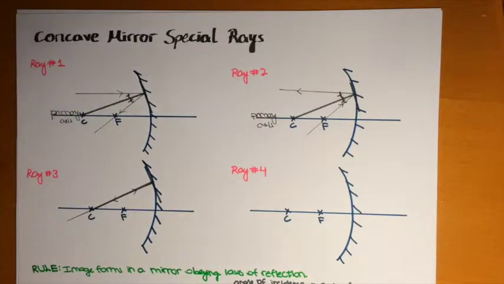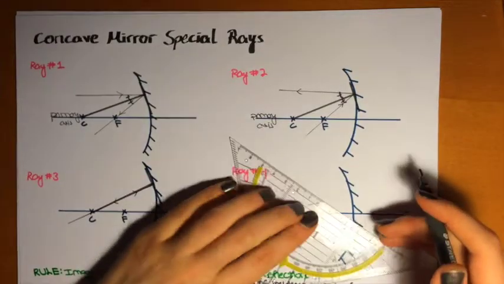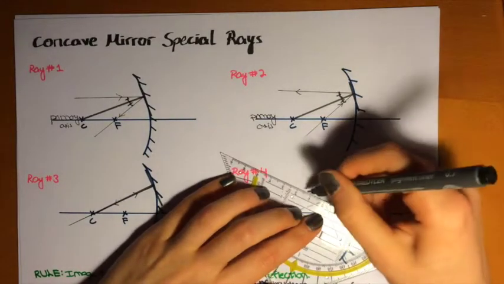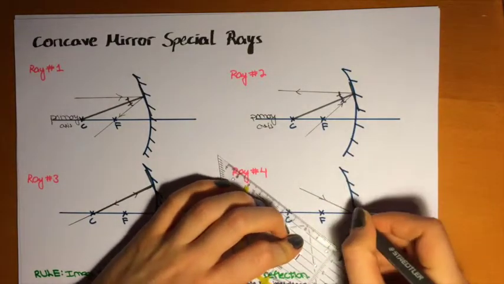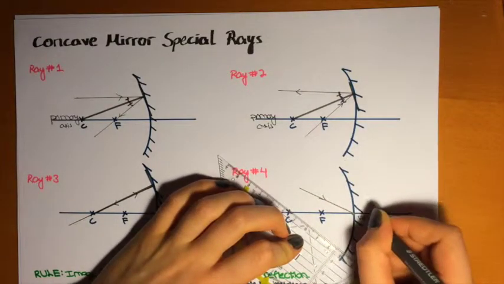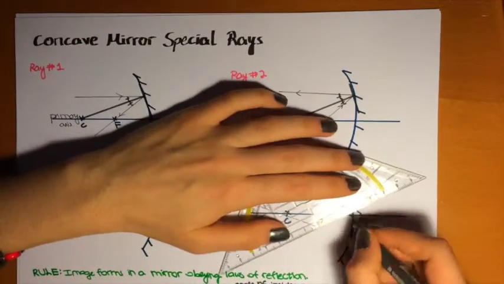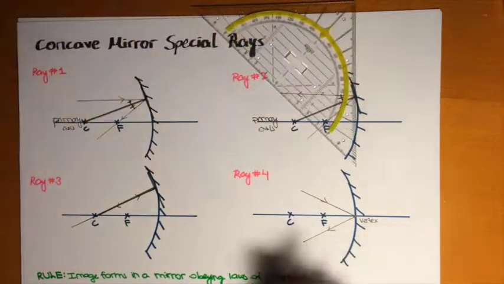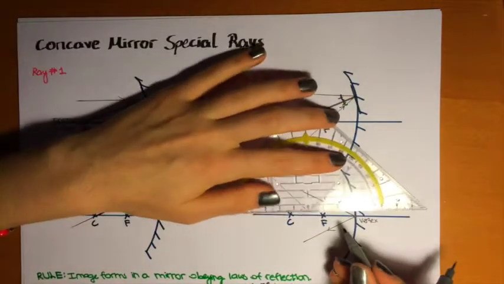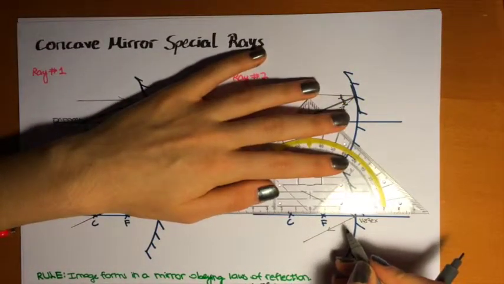Okay, so ray number 4, I send my ray from the vertex to the vertex. This is the vertex of the mirror. And it should come back like this. Why? I'm going to see if it verifies my rule right here.